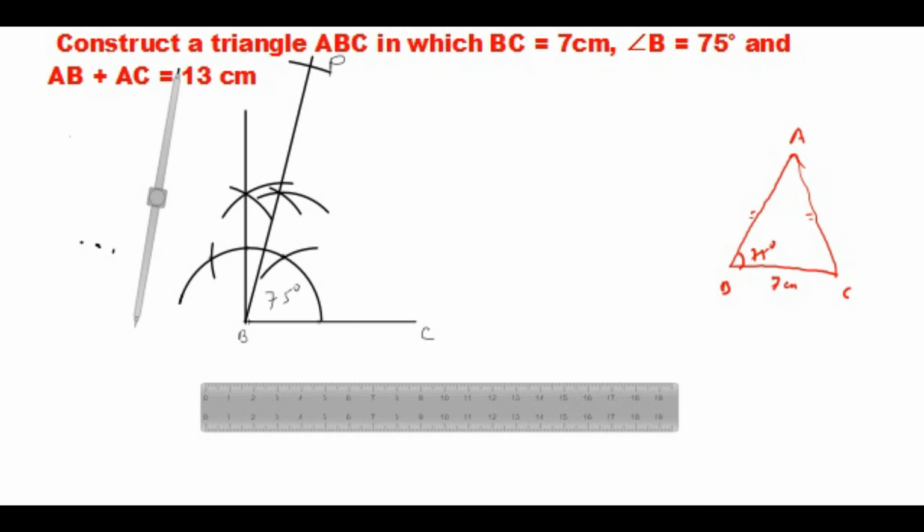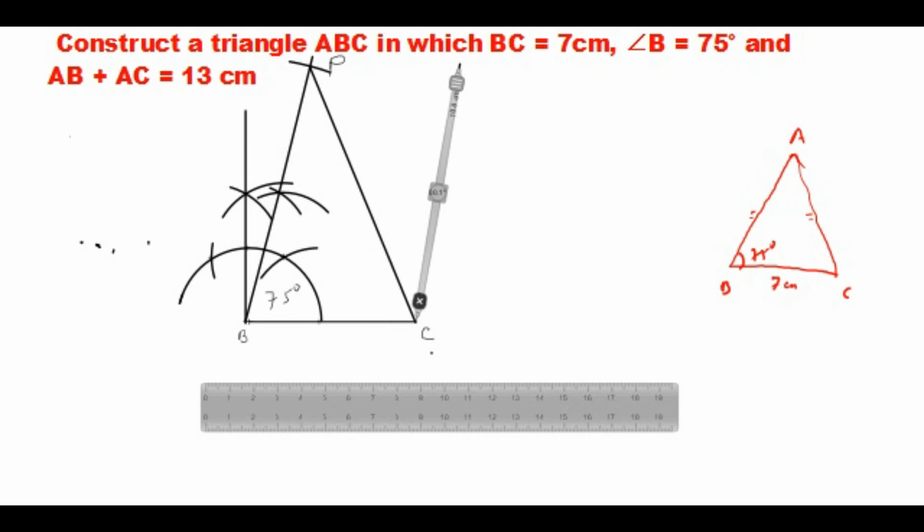Okay, thereafter, using a ruler, you join P to C, PC. That is a step. Now the next step, after joining this line PC, is to draw the perpendicular bisector of PC. I know very well how to draw the perpendicular bisector of any line segment, that I taught you in the basic construction. You can refer to that video.